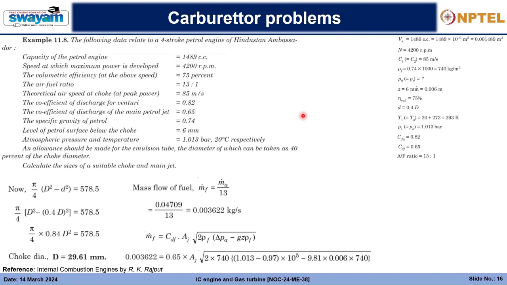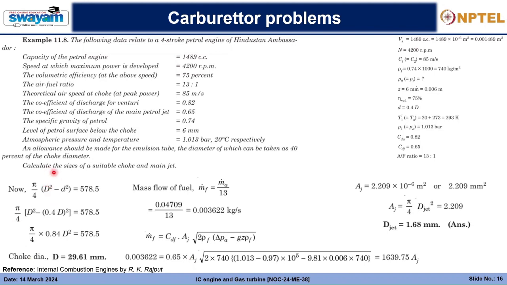And by this, if we put the values, we will only have the value of Aj left. So the area through which the fuel should pass, the area of the jet, will be 2.209 millimeter square. In terms of the diameter of the jet, if we calculate, that will be 1.68 millimeter.